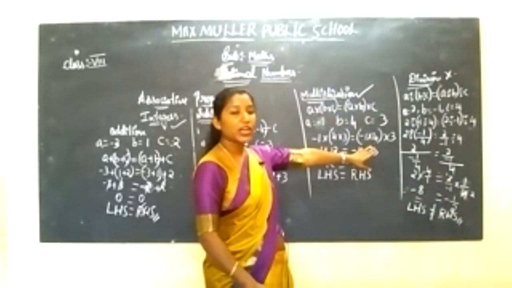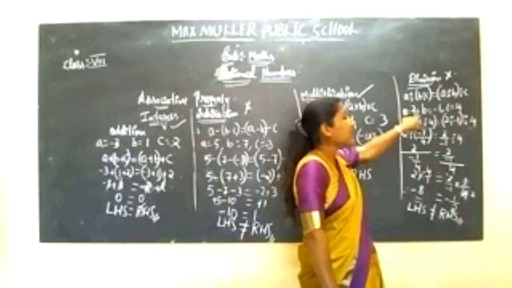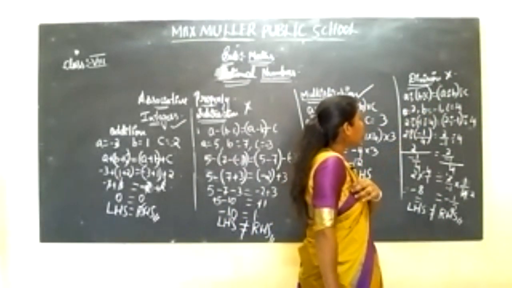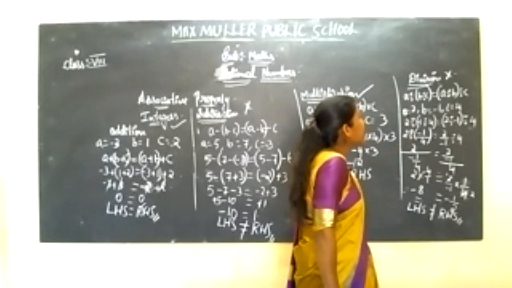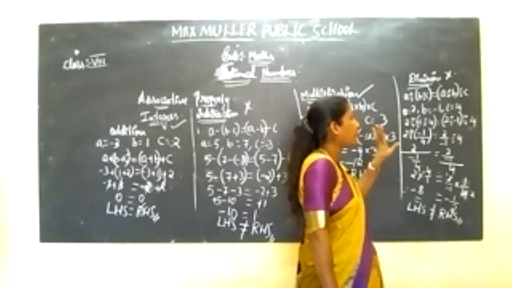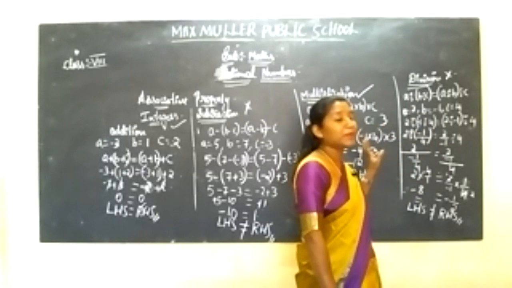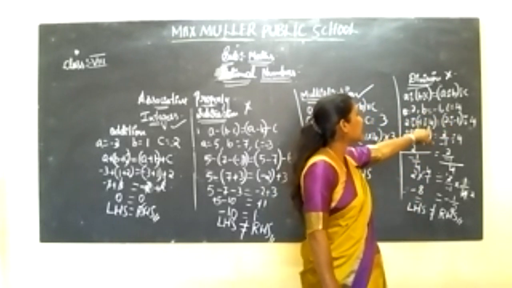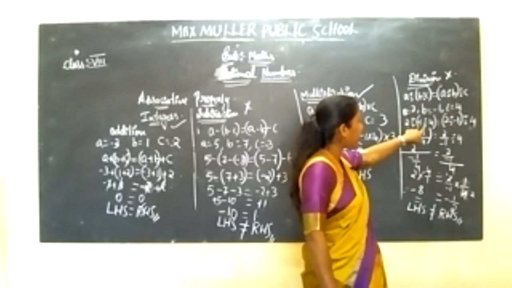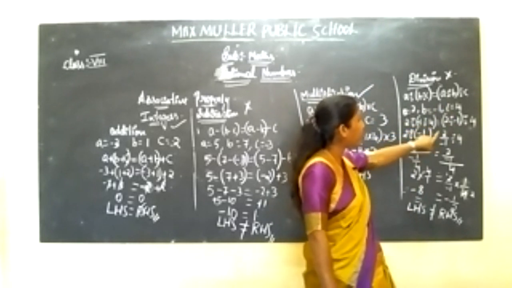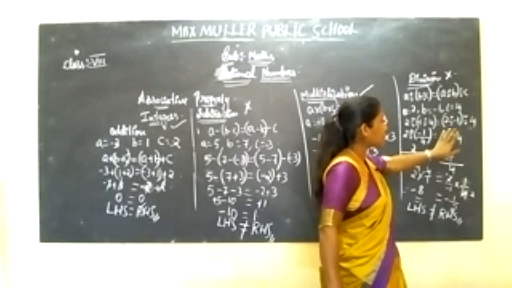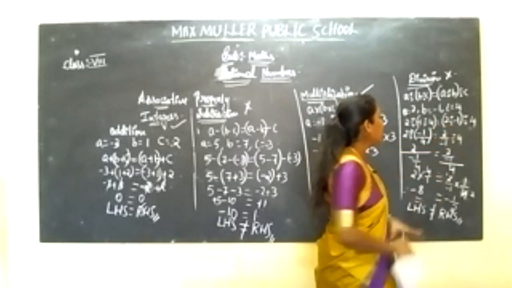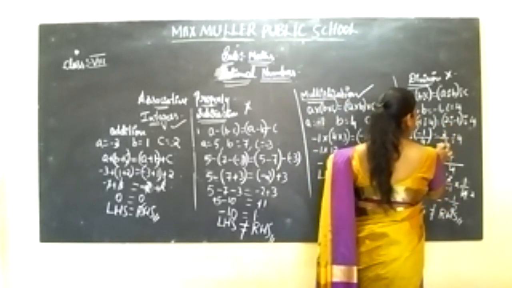Hope you all understood how I have done this. See, I took A as 2, B as -1, C as 4. So in place of A, B, C, I am substituting these values. After that, in this form, I am writing, that is -1 by 4 and 2 by -1. In this form I have written, or like this also you can write.